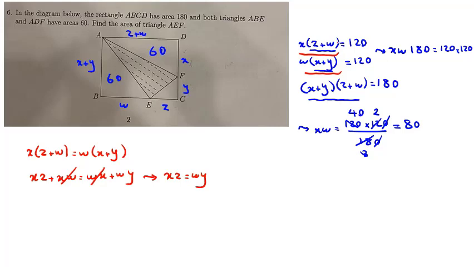Okay, here we consider xz plus xw equals 120. We know xw equals 80, so we conclude xz equals 120 minus 80, 40. So it will be 40.